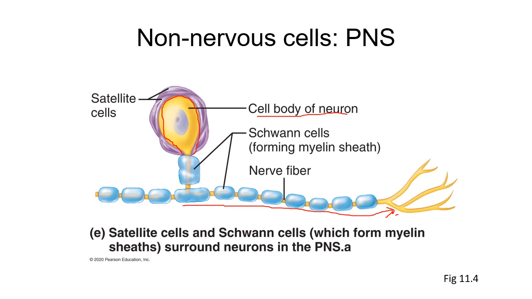What we have surrounding the cell body are called satellite cells. These act similar to the astrocytes, regulating nutrient and waste movement between the neuron and the external environment. So around the cell body, these are different cells that cover or wrap around that cell body.